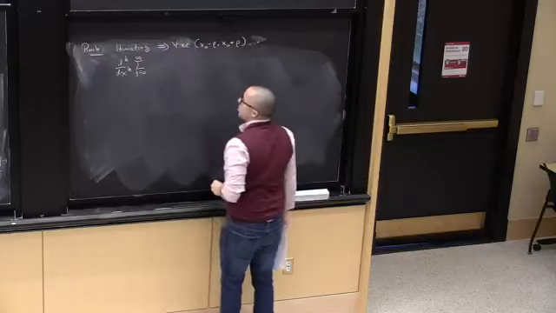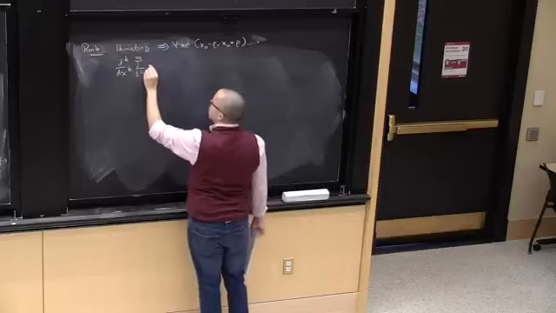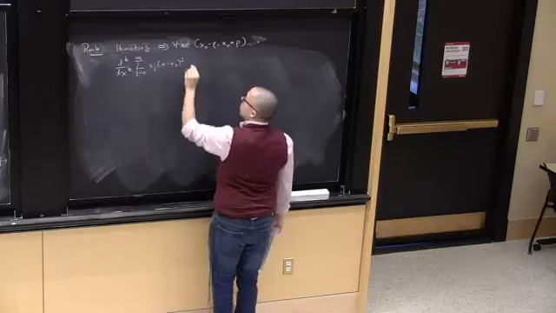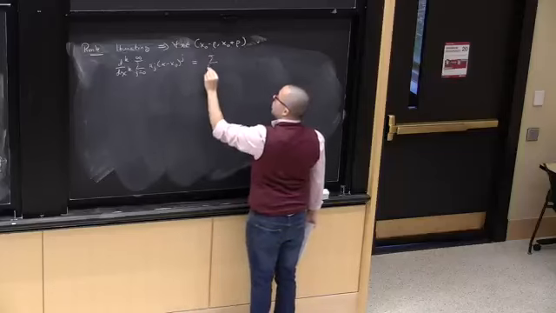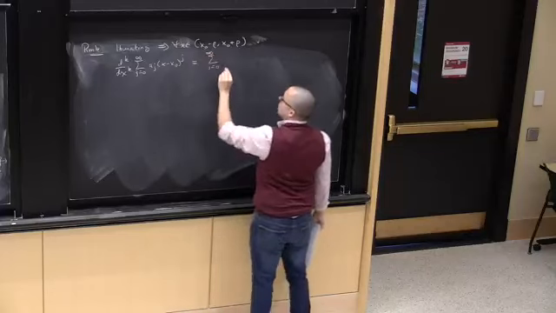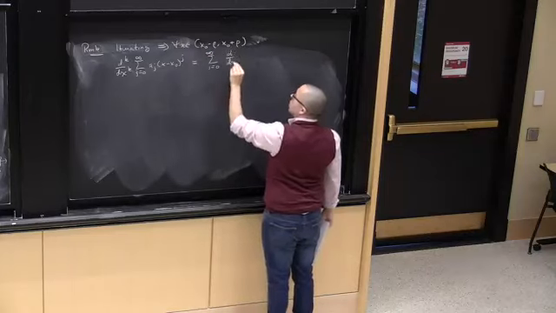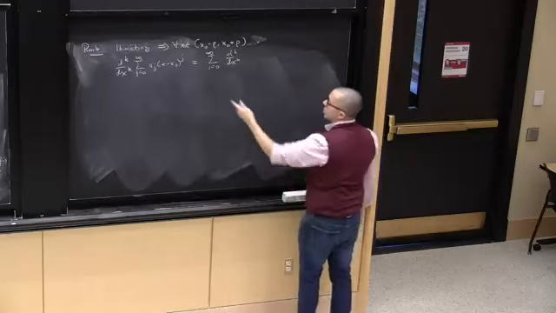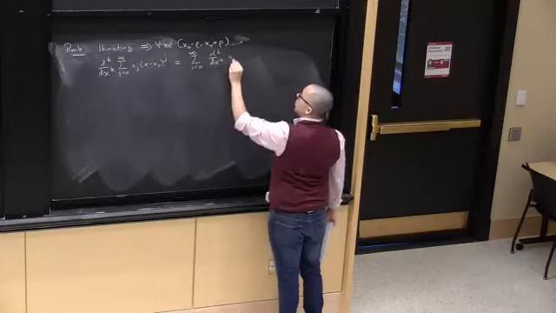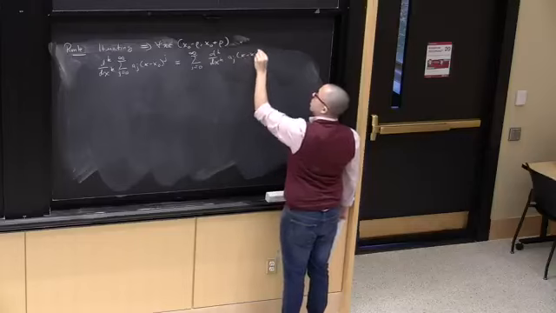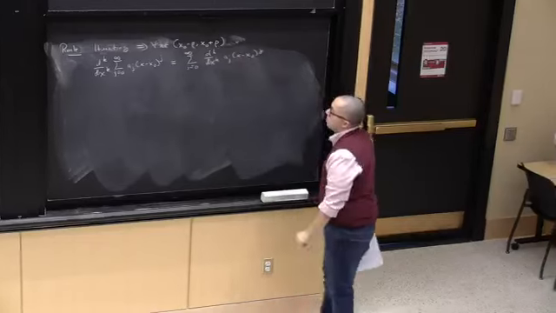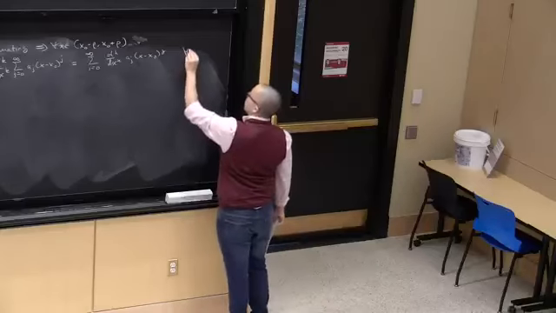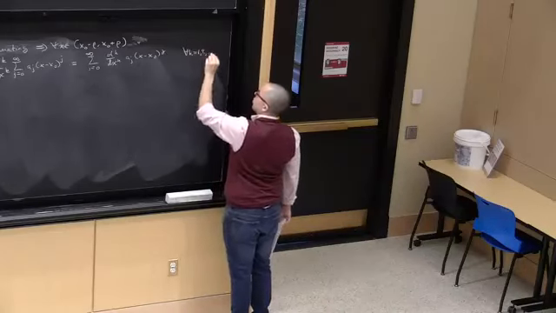on all x in here, the kth derivative of the power series is equal to the power series obtained by differentiating term by term. This holds for all k equals 1, 2, and so on.